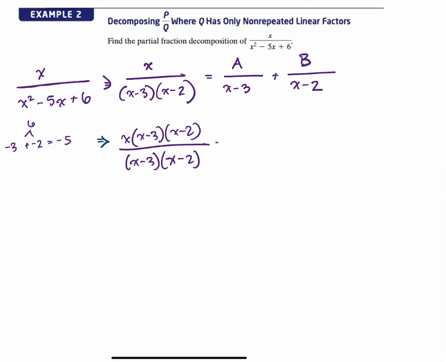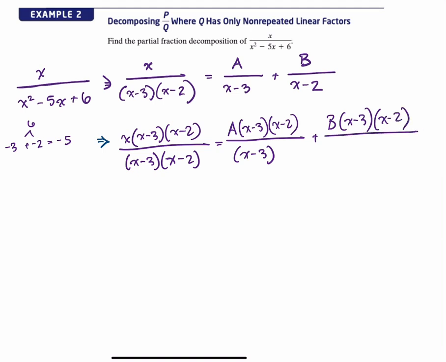So we'll see that those will cancel. Then I'll have a times x minus 3 times x minus 2 over x minus 3 plus b times x minus 3 times x minus 2 over x minus 2. So notice what will cancel. On the left side, everything will cancel.